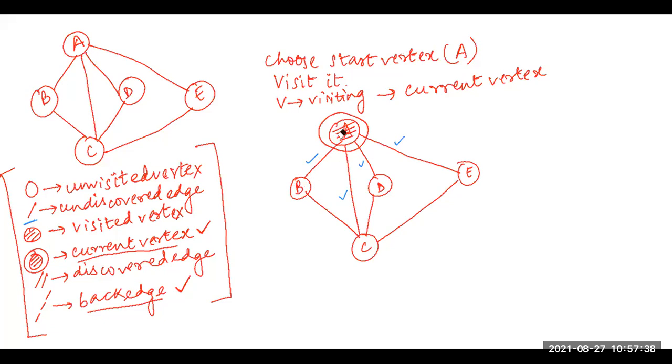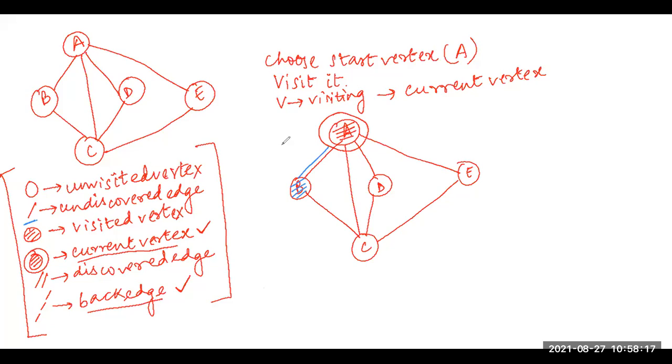Yes or no? Yes, ma'am. Okay. So out of B, C, D, E, suppose I took this edge. I check that yes, this node is not visited. So I will first change this node to a visited node. I will change this edge to a discovered edge, double line. Clear?